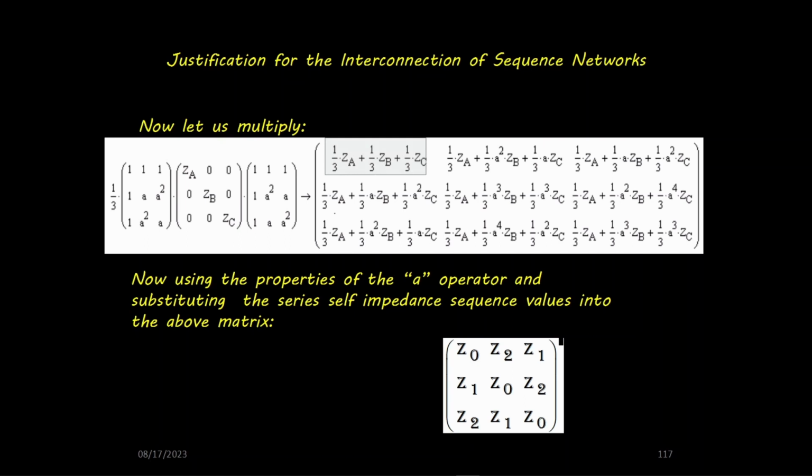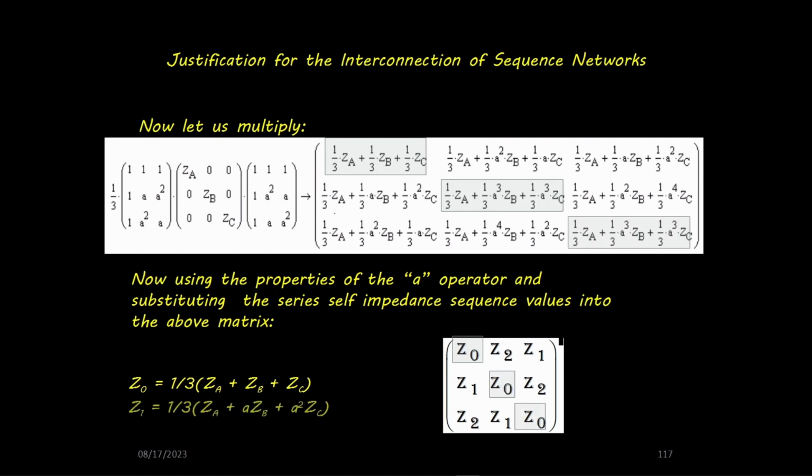We see that the first element on the diagonal is Z0. Since A cubed is equal to 1, the second and third elements on the diagonal are also equal to Z0. Now, if we examine the off-diagonal elements, we find they are equal to Z1 and Z2 as shown.